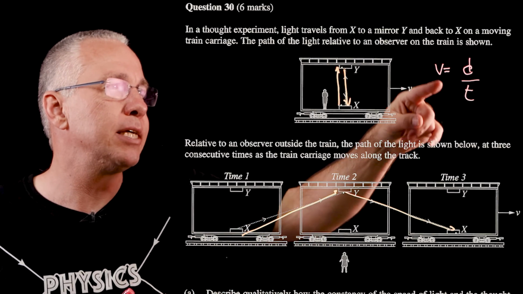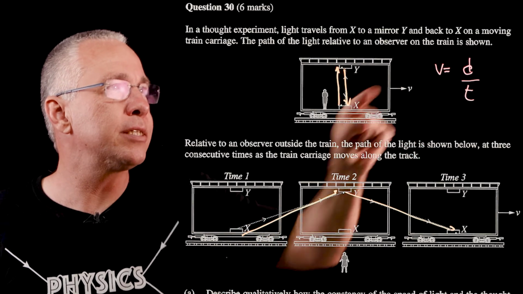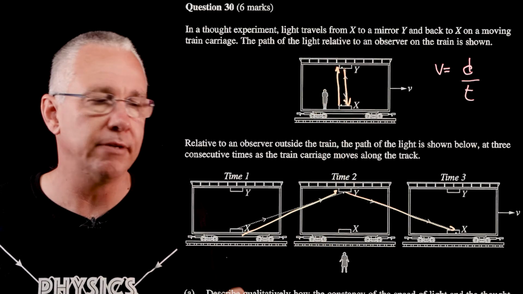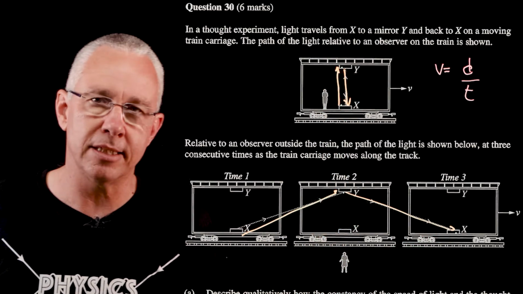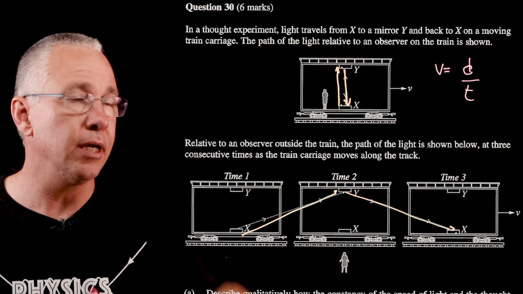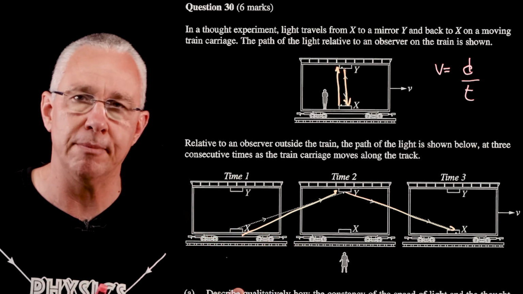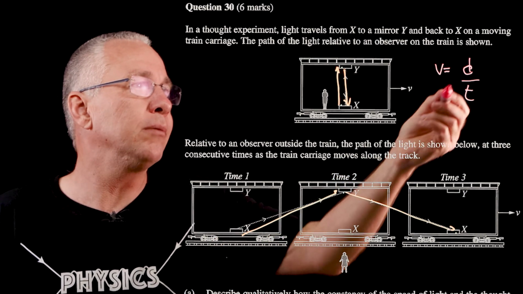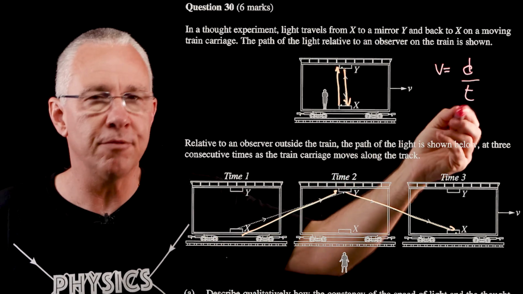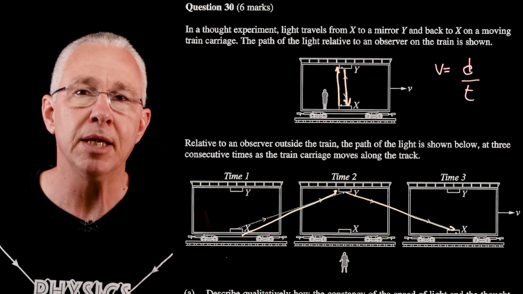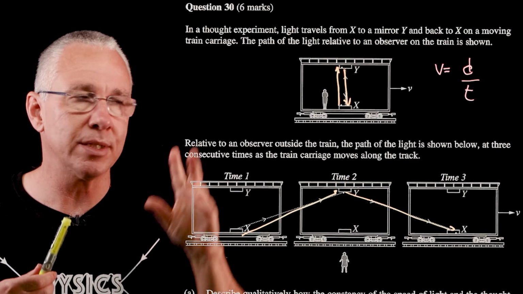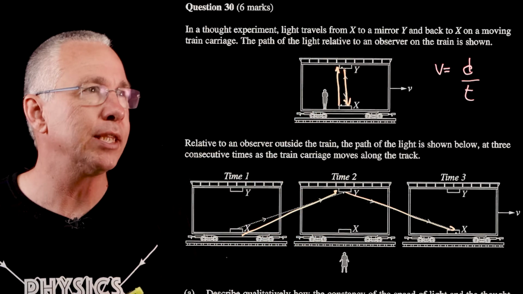Why? Well, the distance here is only that distance over here, and for this observer over here it is that distance over here, and we would observe both of those in the same time frame. And so we would say a bigger distance for the same time frame means a bigger velocity. But for Einstein, he said that's not possible if we're dealing with light.